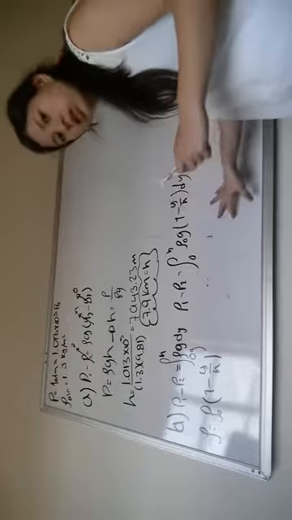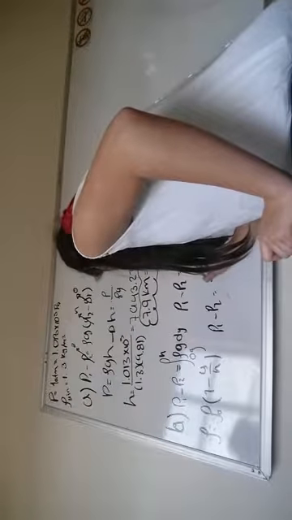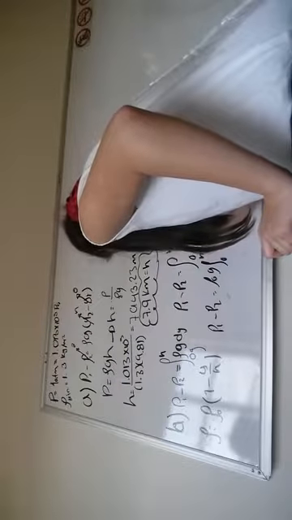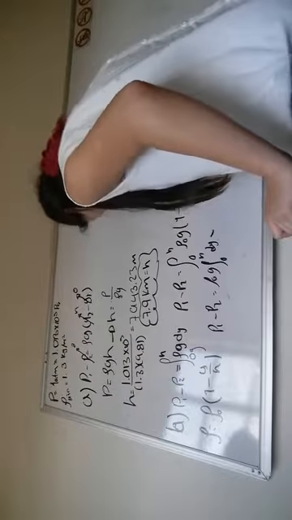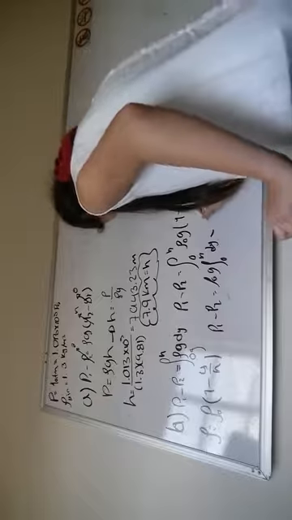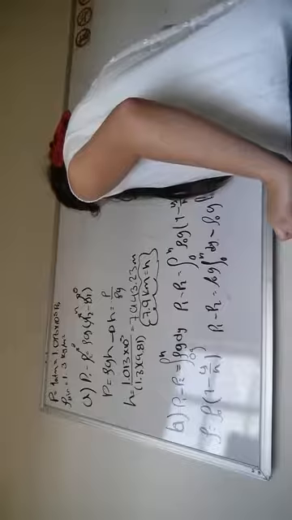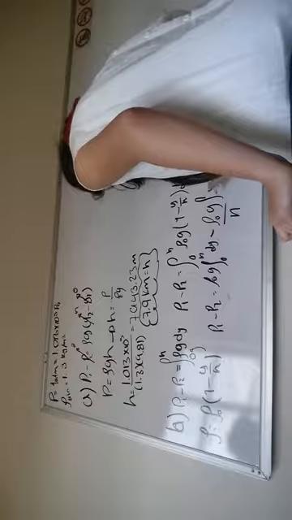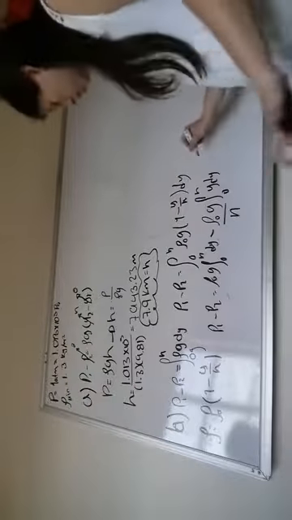Now we can split this into P1 minus P2 equal to initial density times gravity times the integral from 0 to H of dy, minus initial density times gravity divided by H times the integral of y dy from 0 to H. We split this so it will be easier to solve.